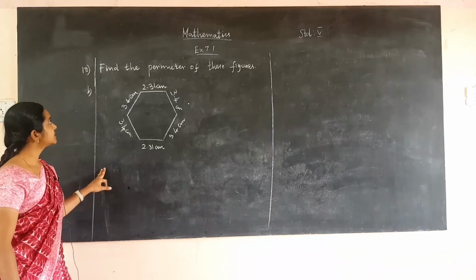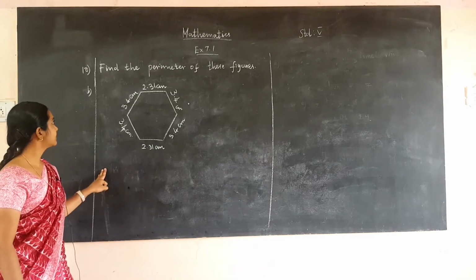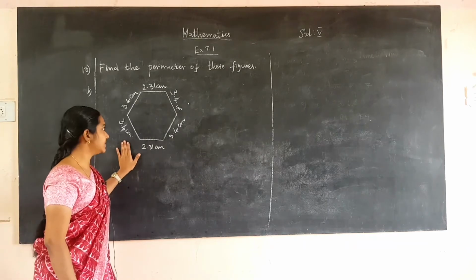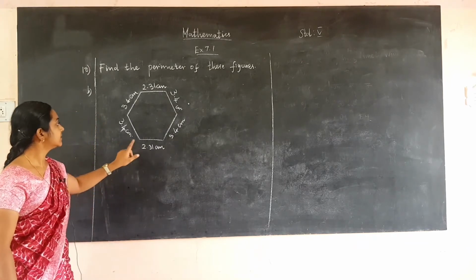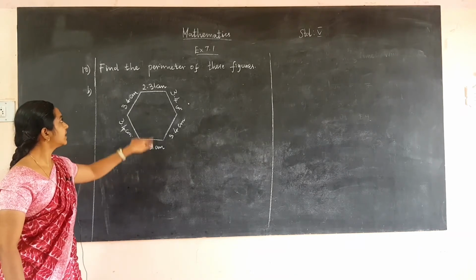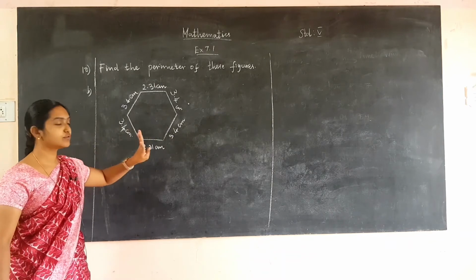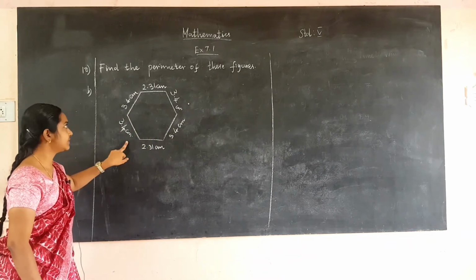The 10th question is, find the perimeter of these figures. Figure is given, we are going to find its perimeter. You can see that 2.31 and 2.31. There are 2 sides with 2.31 and 4 sides with 3.4 centimeter.